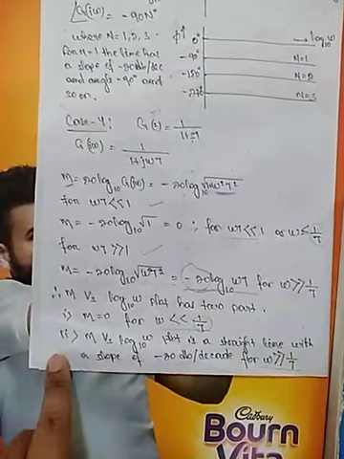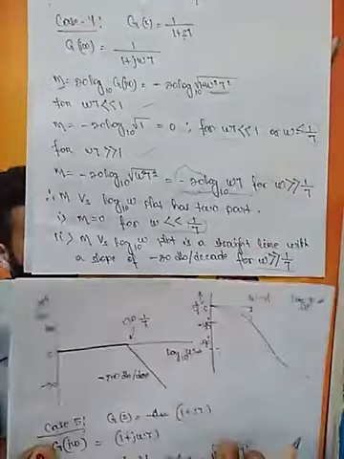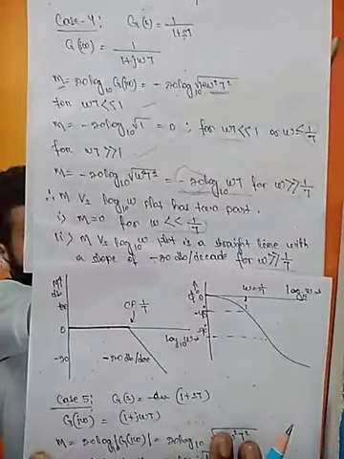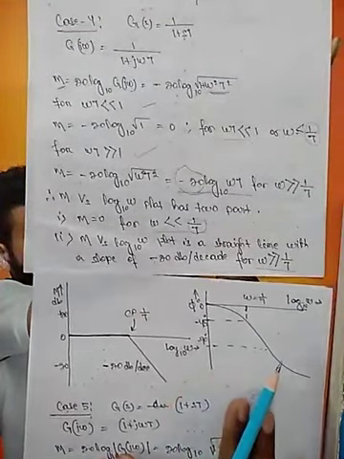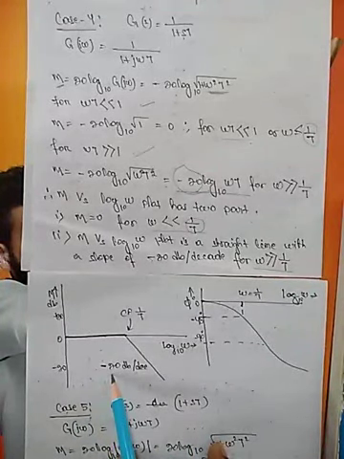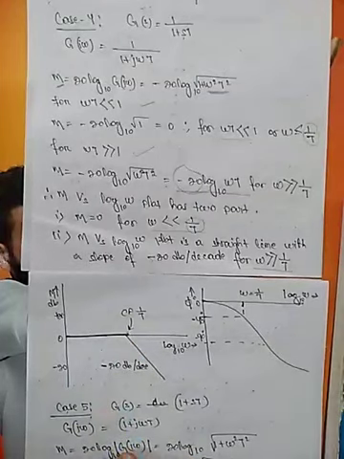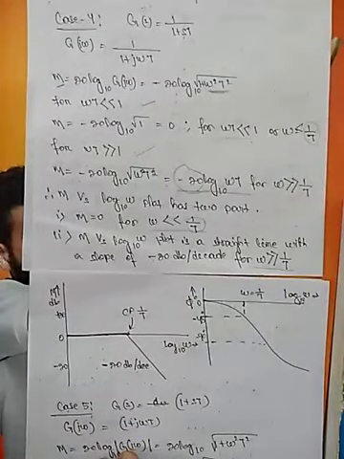Now we see what is the nature of the curve. See, this is the nature of the curve. This one, magnitude versus frequency graph. This is the corner frequency. What do you mean by corner frequency? It's like a bandwidth.